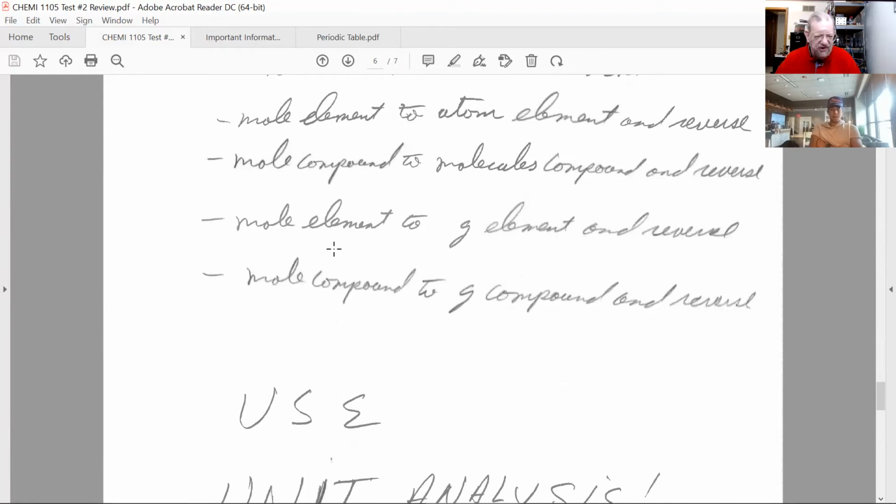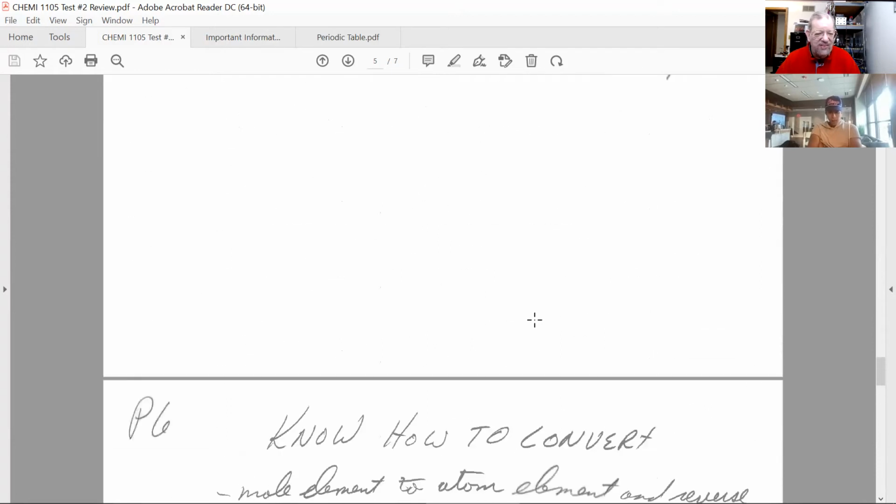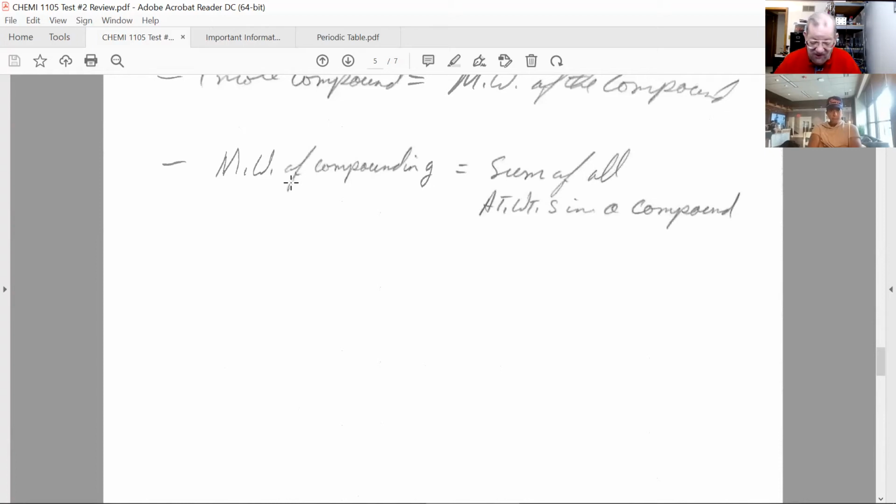Also, you should know how to go from moles of an element to grams of an element and back, and from moles of a compound to grams of a compound and back. And it's not on this list, but you should also know how to determine the molecular weight. MW is short for molecular weight of a compound.